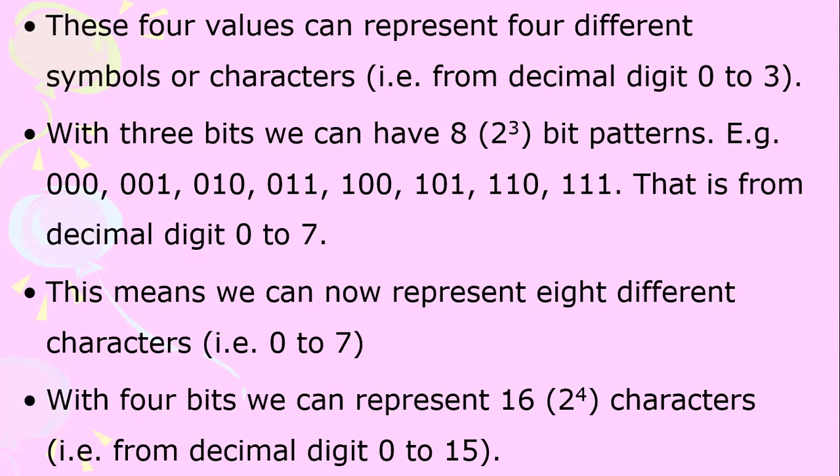Remember, 0 is also counted because it is a number in computing. It is a valid number. It is a significant number. And therefore, from decimal digit 0 to 15, we have 16 characters, and those can be represented with 4-bit patterns.